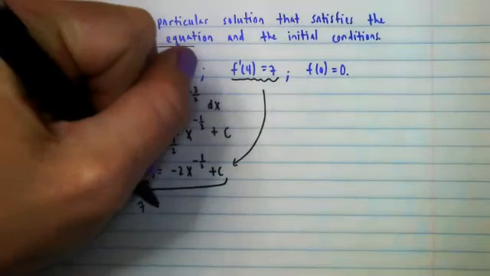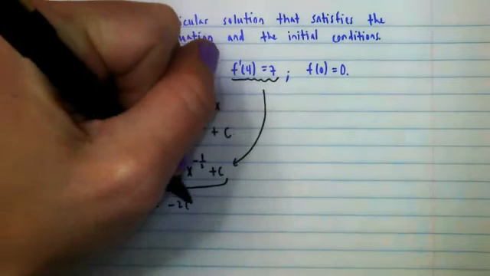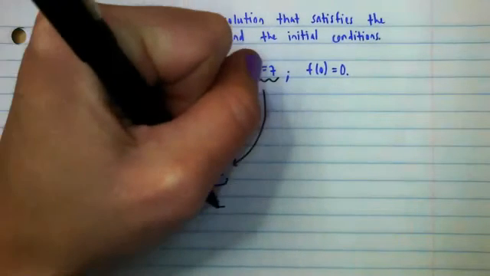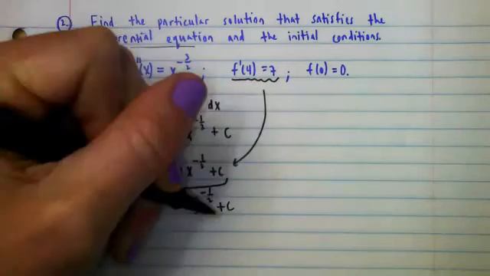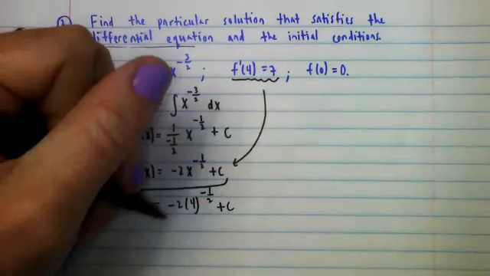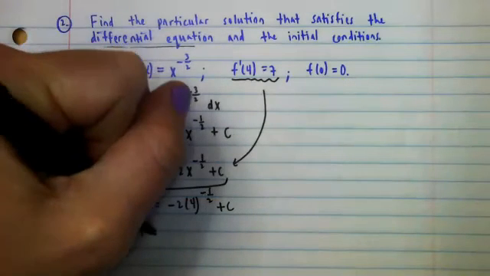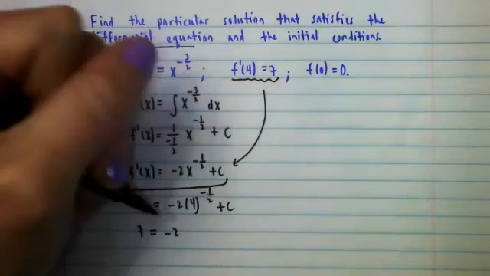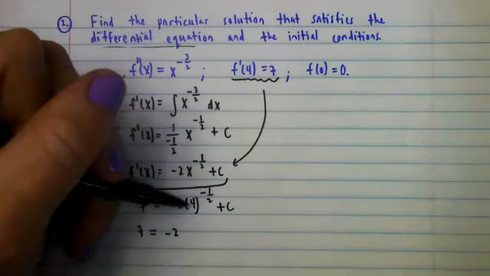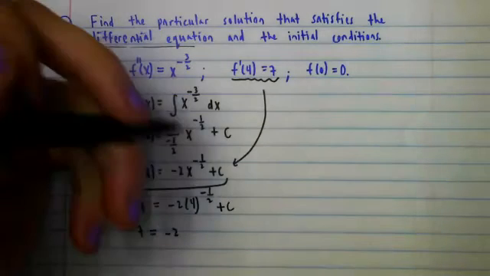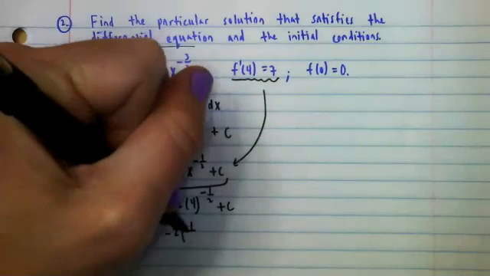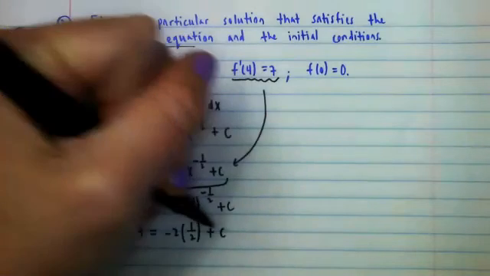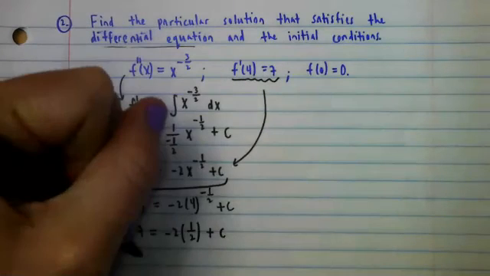Otherwise, we can put 7 equals -2 times 4 to the -1/2 plus c. Now think, what would a -1/2 power do to a base of 4? It would flip it and square root it. It's going to turn it into a 1/2. And you get 7 equals -1 plus c, making your first constant of integration. Some books call that c sub 1. We'll just call it the first c, and it equals 8 in that antiderivative.